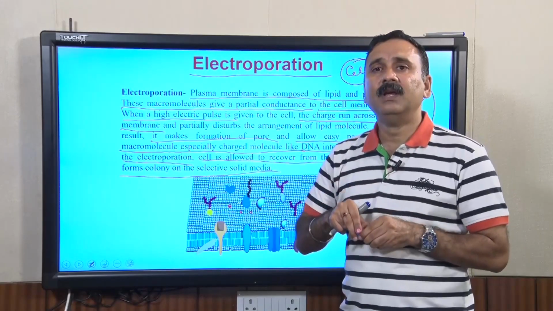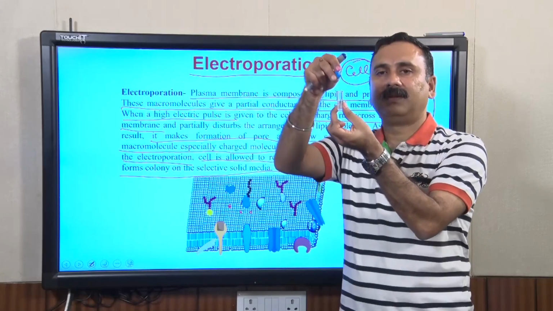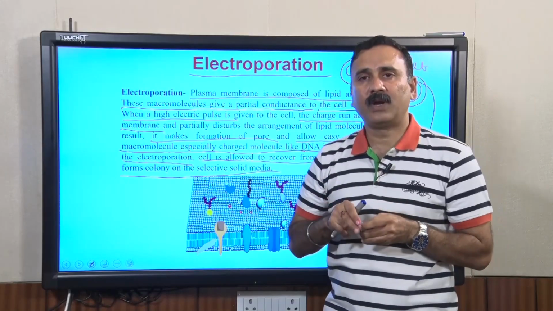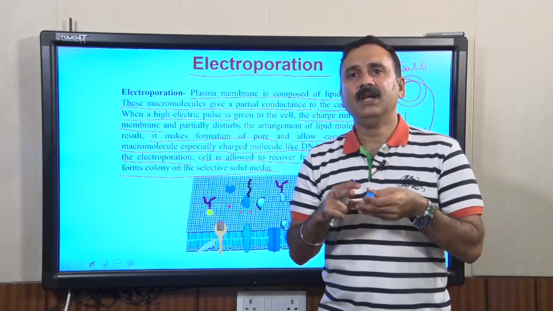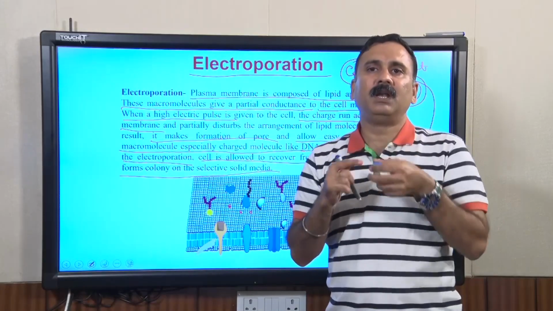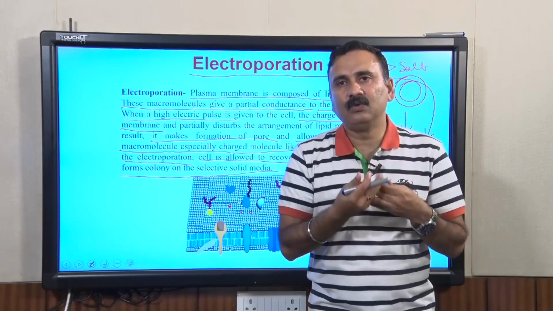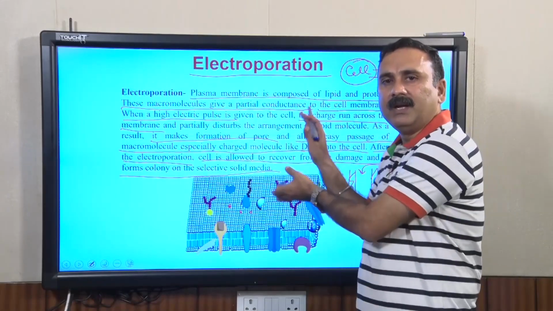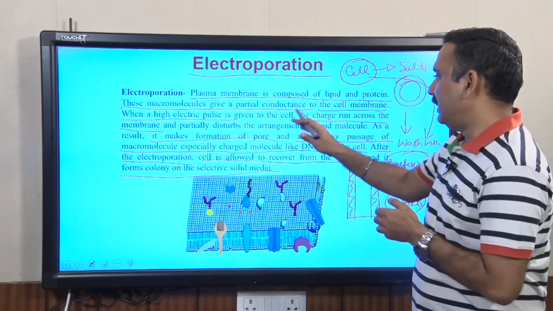Then you have to open these cuvettes, put your cells between the two electrodes, and put it into an electroporator. These electroporators are specialized instruments which give current from one electrode to another for a very small period of time, and that is how they give the charge to the bacterial cells and create the pores, and once the pores are created, the cells will take up the DNA.